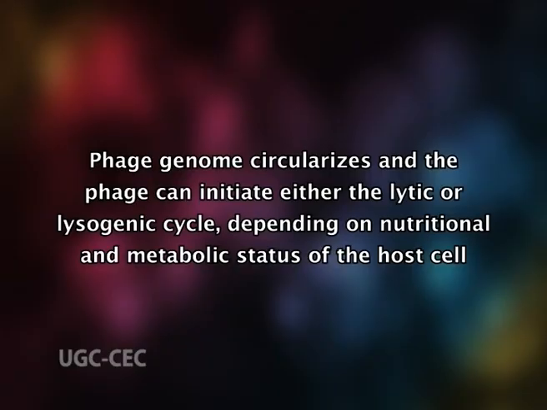The phage DNA is injected into the cell and the phage life cycle can start. The phage genome circularizes and the phage can initiate either the lytic or lysogenic cycle, depending on nutritional and metabolic status of the host cell.